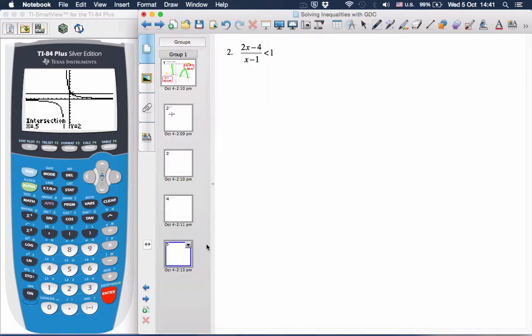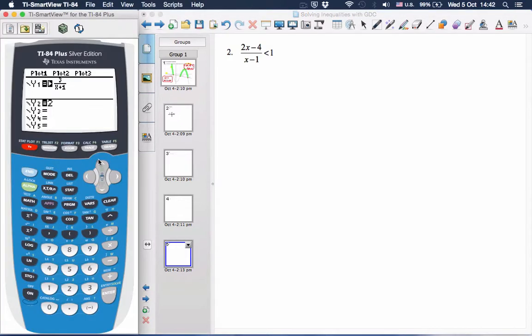Okay, last question. This one we did in class, we'll do it again. So we type in the function 2x minus 4 over x minus 1, and the right side is 1. Okay, graph it.